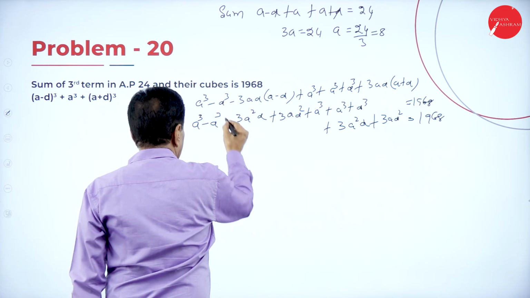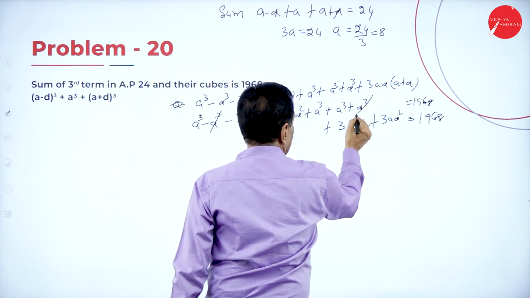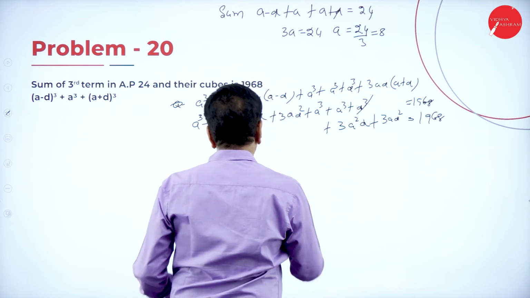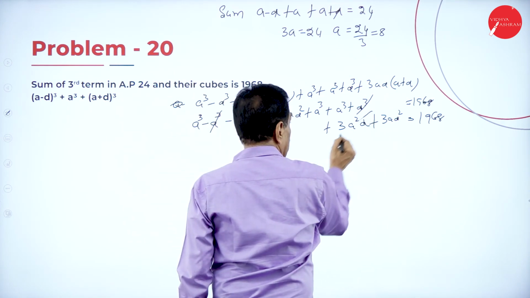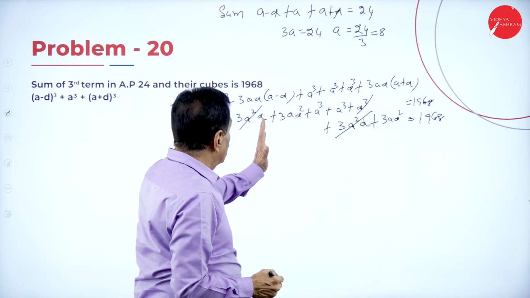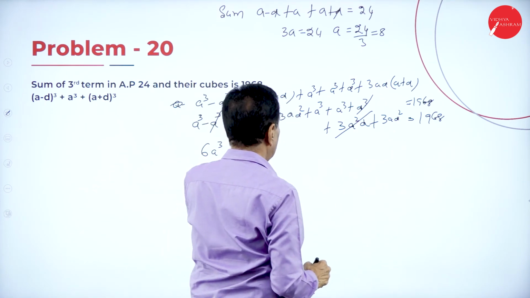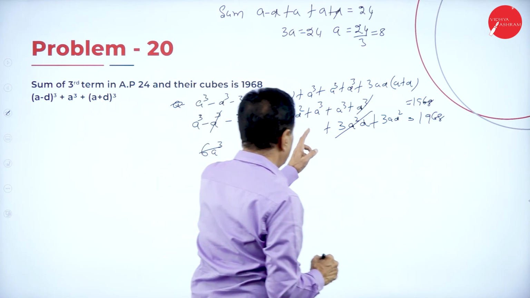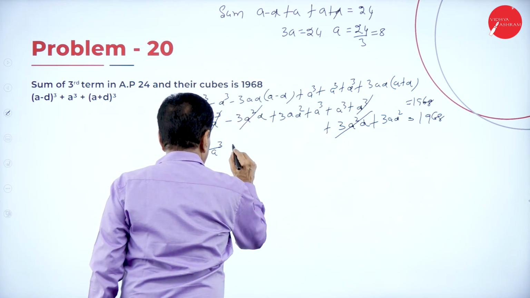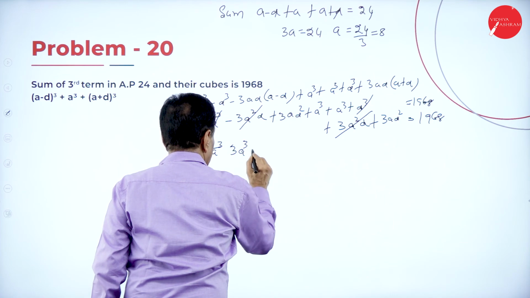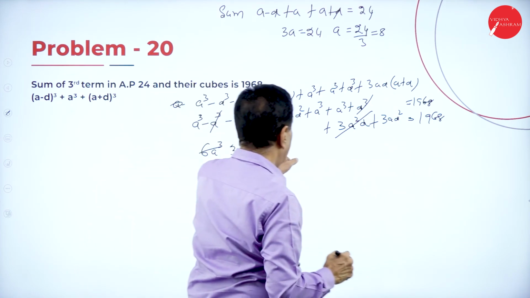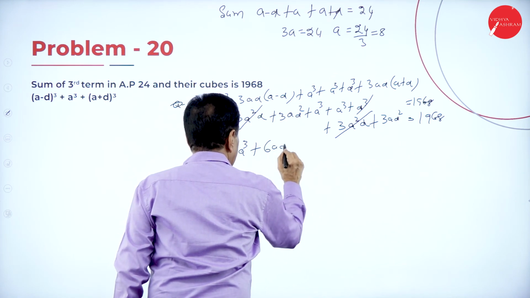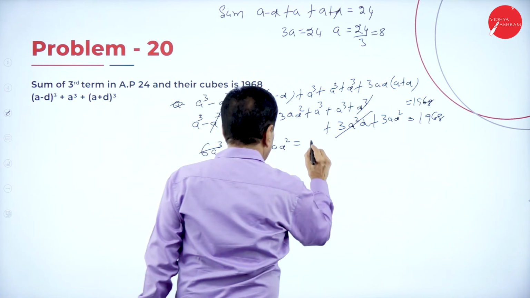See that D cube cancelled out. Then 3A square D came and cancelled. So this is A cube, A cube, 3A cube plus 6AD square is equal to 1968.